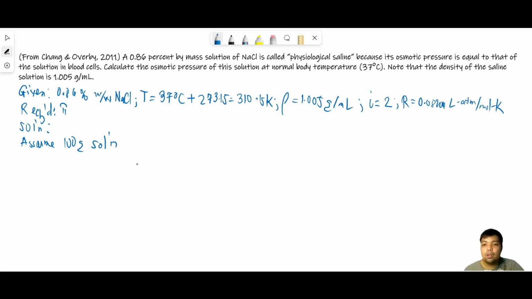So that is why we use an assumption of 100 grams, because we know that since this is in percentage, 100 grams of something is equal to that percentage of that entity. So since we have 100 grams of your solution, that means it contains 0.86 grams of your sodium chloride.